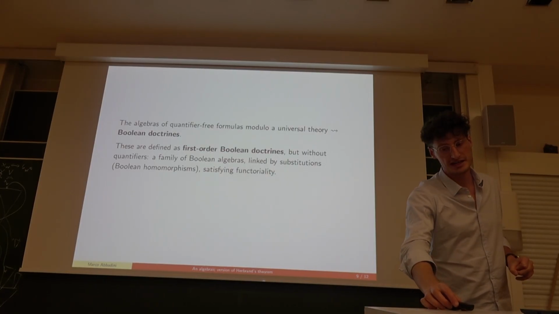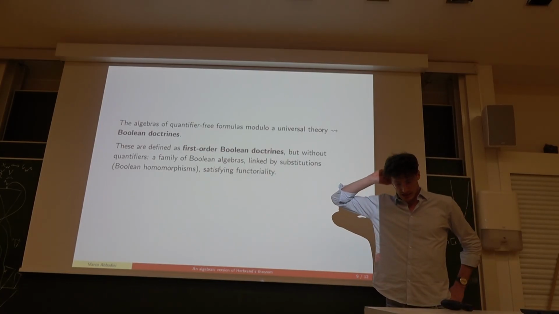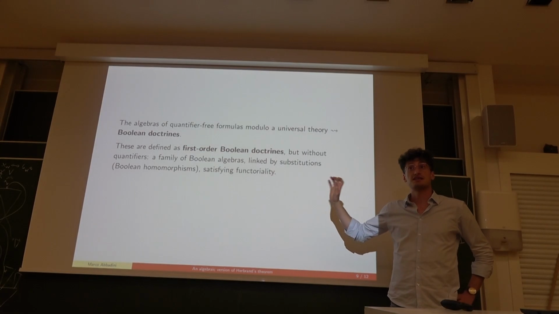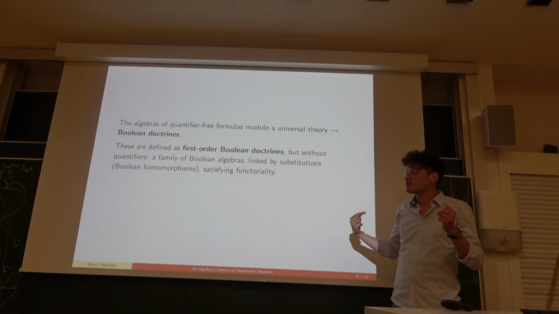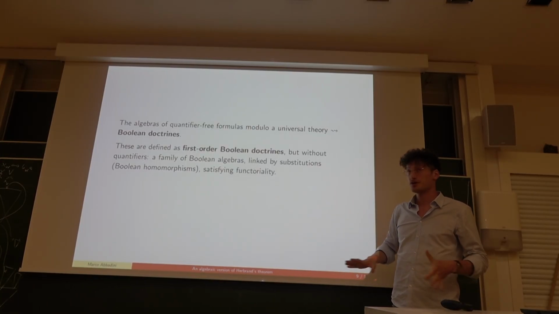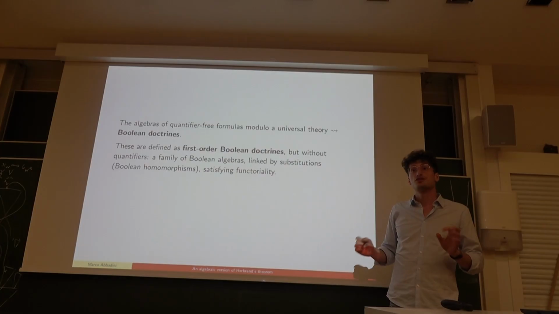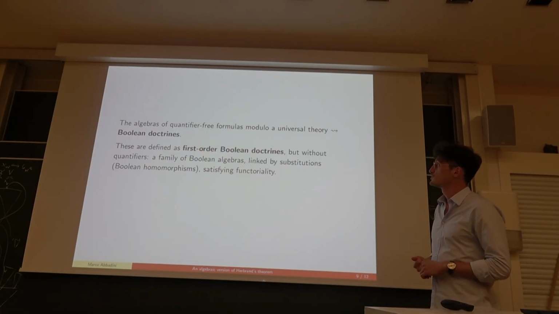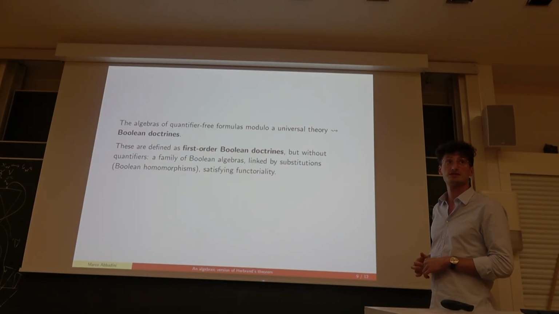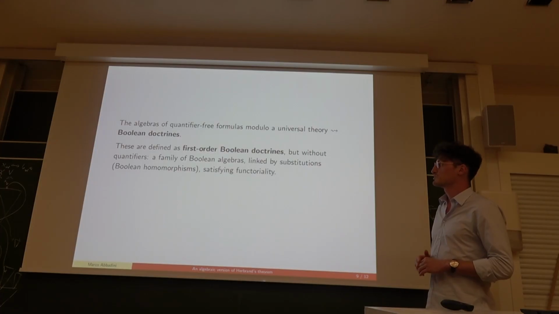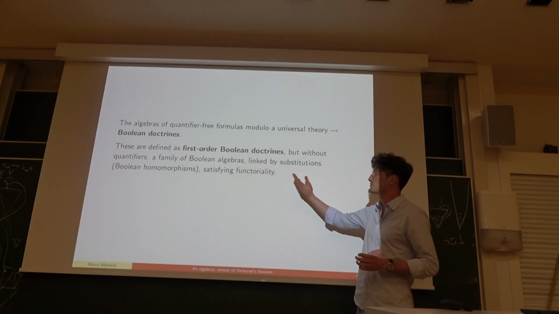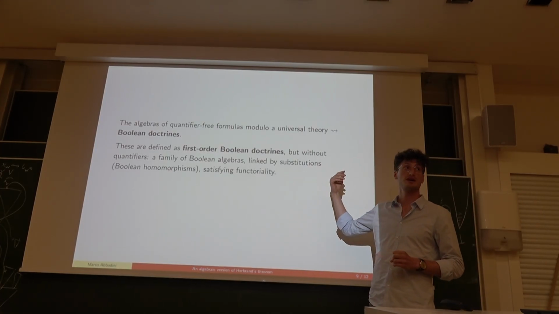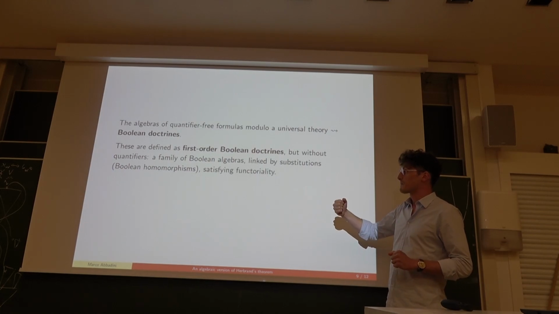Okay, to phrase Herbrand's theorem in this algebraic setting, if you recall, we start with a universal theory. A universal theory here corresponds to Boolean doctrines. A Boolean doctrine is the same as the first order Boolean doctrine, but without quantifiers. So it's a family of Boolean algebras.